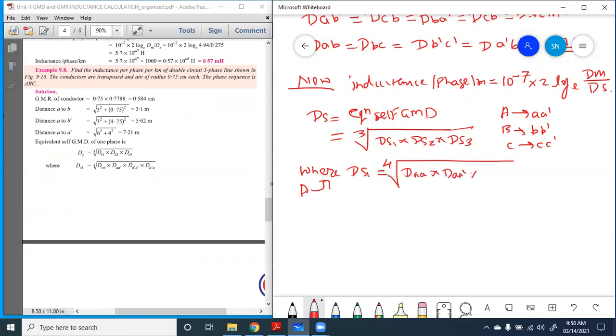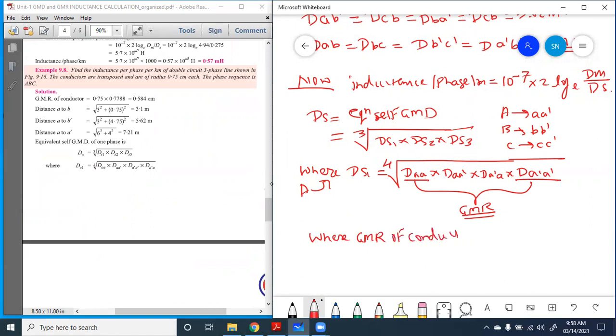Here Daa and Da'a' are called the GMR of the conductors. Because the radius of each conductor is the same, GMR is 0.7788 into the radius of the conductor.